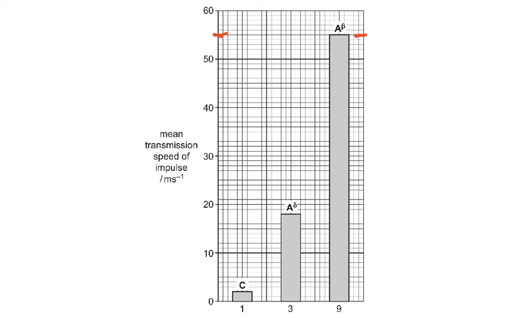Then I'm looking at this one, and this is now 18. And here, this is only 2. So let's look at it very carefully. Mean transmission speed of impulse is in meters per second. And this is 2, and then one it is 18, and one it is 55.